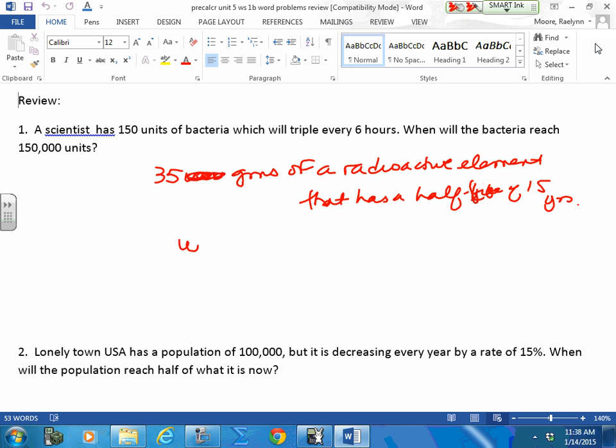I want to know when will it reach 3 grams. So he starts out with a radioactive element, 35 grams of this element, that has a half-life of 15 years. Every 15 years, it cuts in half. I want to know when will it reach 3 grams.